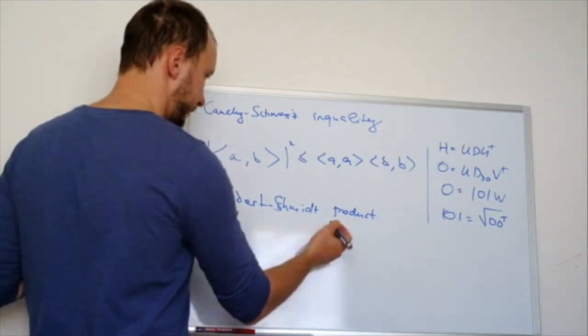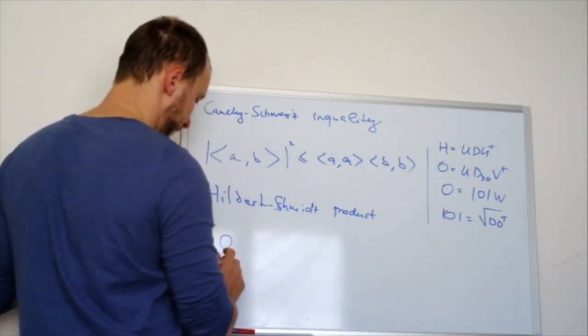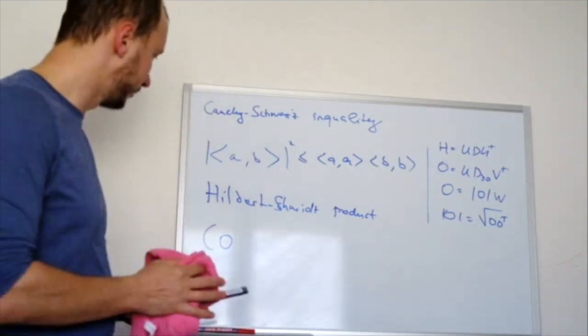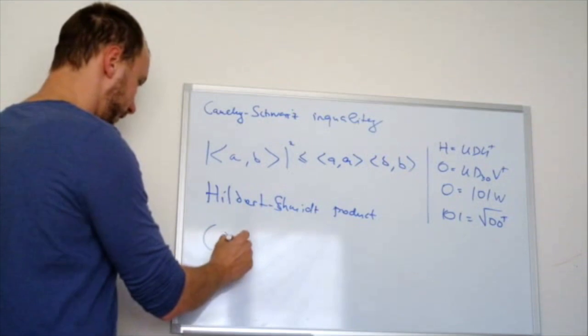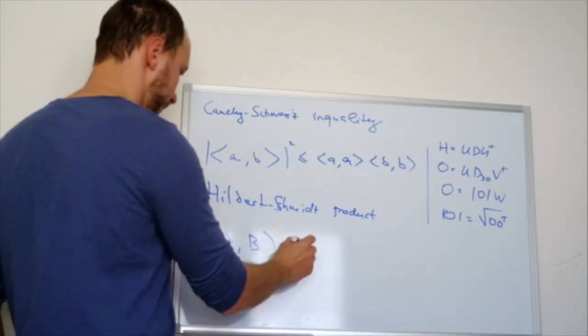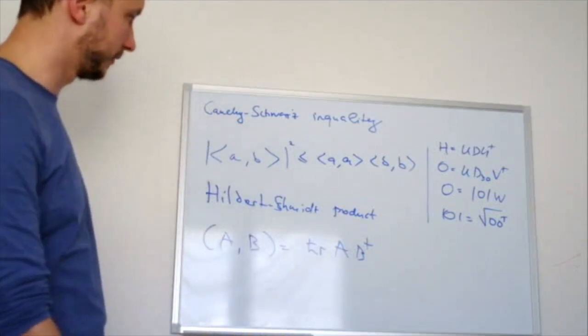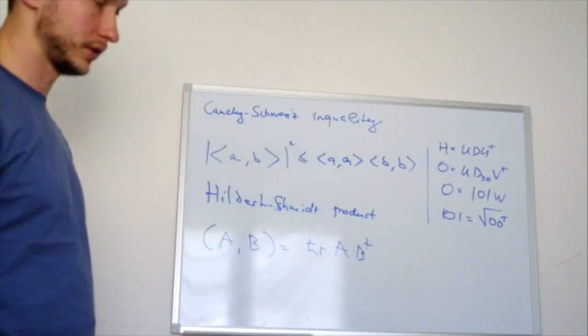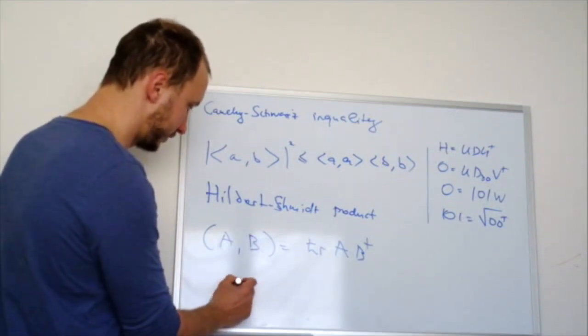So it's another space. For two operators A and B, the Hilbert-Schmidt product is given by the trace of A B dagger. You probably remember this, it's familiar, because we have this Pauli relation.